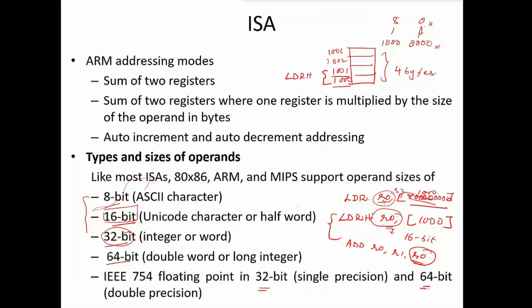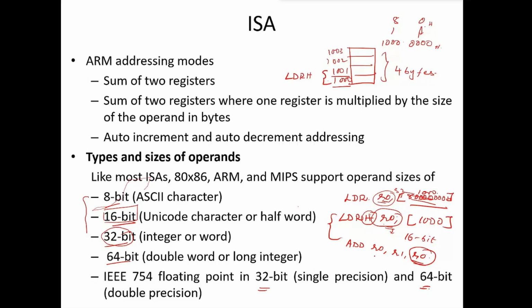Since I used half, how many bytes will it load? 2 bytes, right? Since it is LDRH, it loads 2 bytes. Below this I give an instruction with R0. You know all the register sizes are 4 bytes. But we have loaded only 2 bytes of data into it.